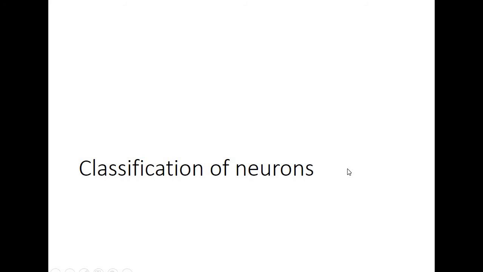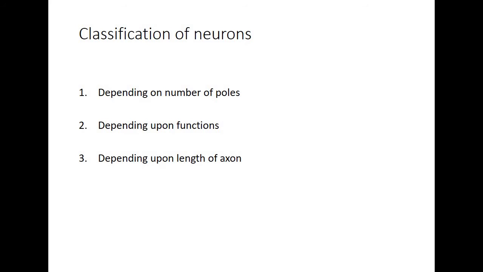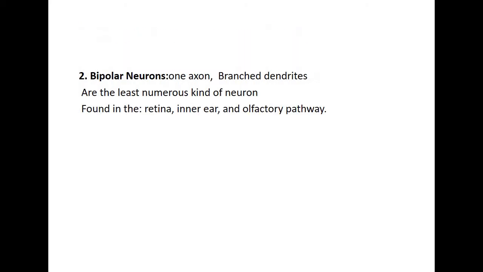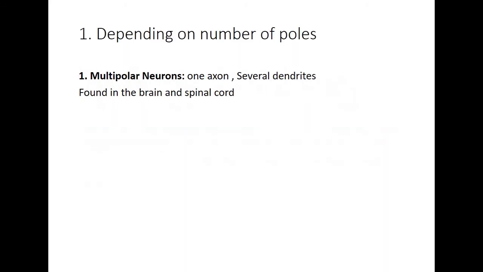Now let's have a look at how we classify the neurons. They are classified in 3 different ways. We can classify neurons according to the number of poles they have, depending upon their function, or the length of the axon. According to the number of poles, we divide them into multipolar, bipolar and unipolar.